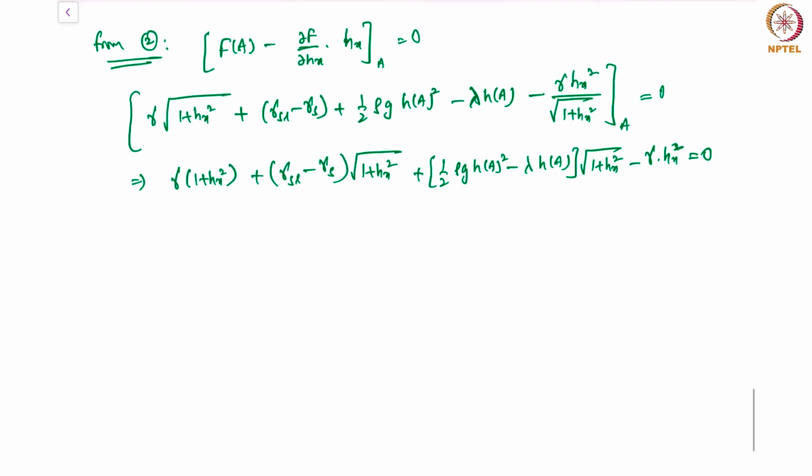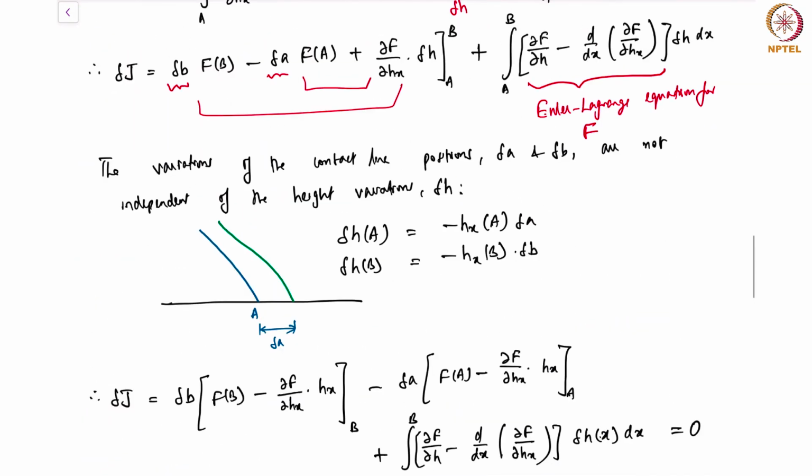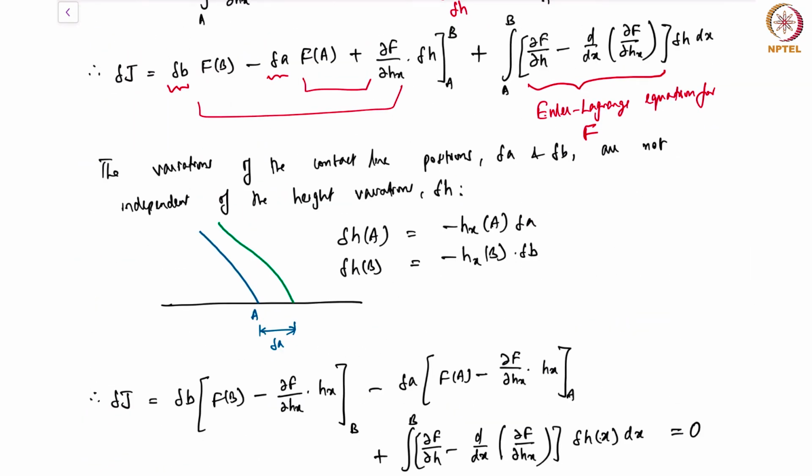Okay. Now if you see the schematic that I have drawn here, if you approach the point A, then the height goes to 0. The height, remember, is this h, right?